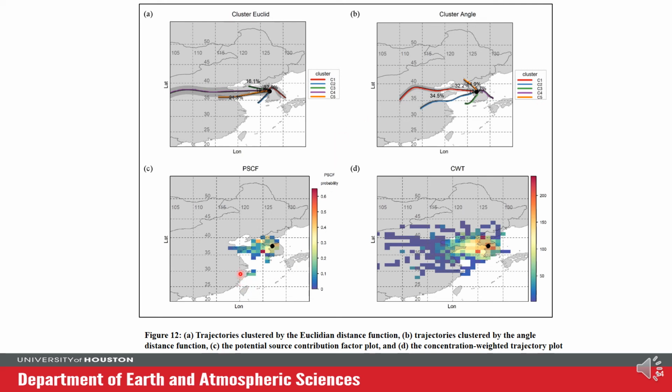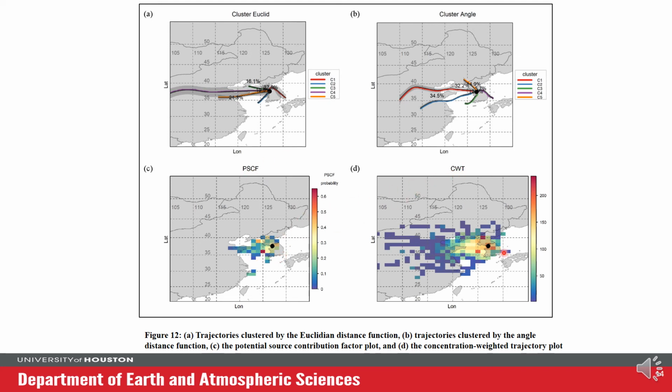We wanted to also study how the concentration is impacting and can help us in finding the potential sources. So we did a potential source contribution factor study and also concentration weighted trajectory.